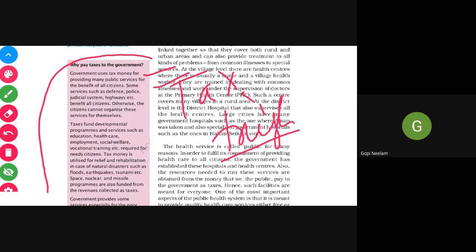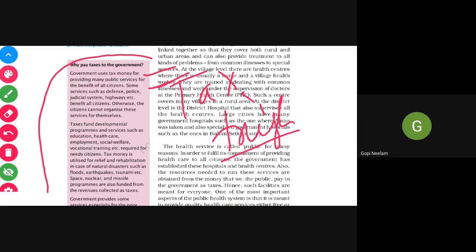People are the public. If they are saying that they are providing public service, it means they are serving the people. Only then can it be a public service. So some services such as defense, police, judicial system, highways, etc. benefit all citizens. So it is providing the above services.